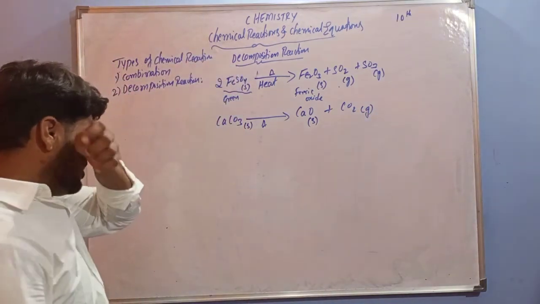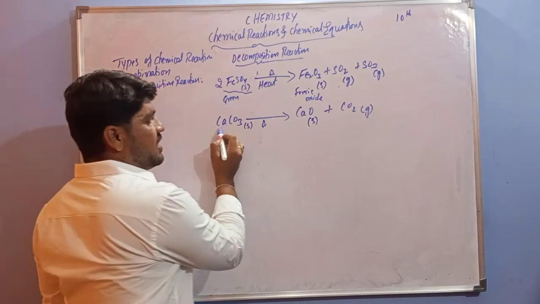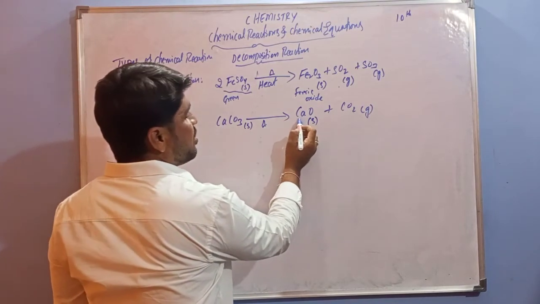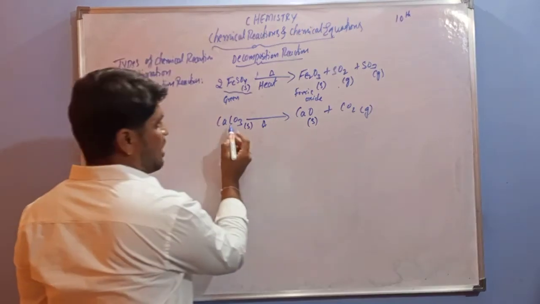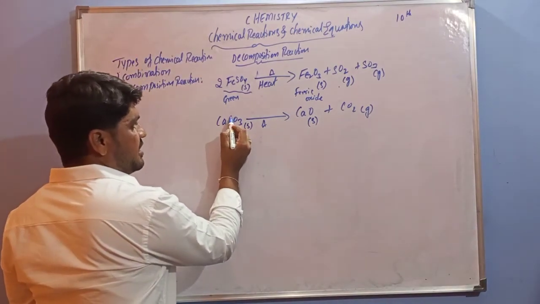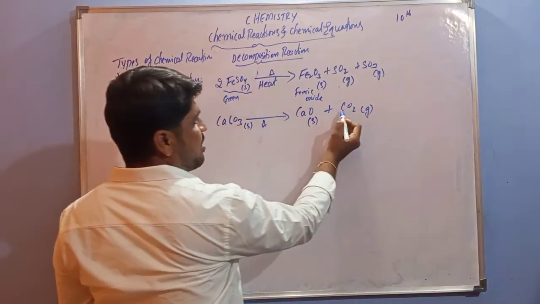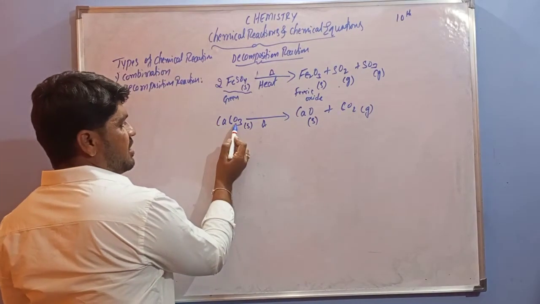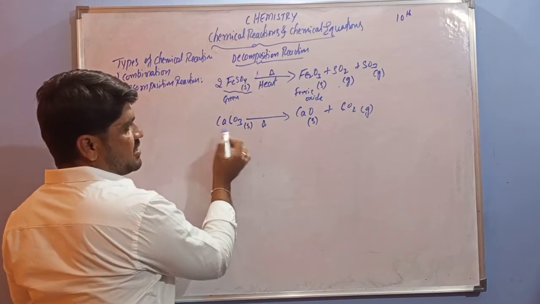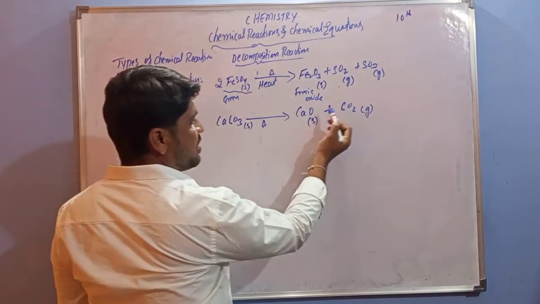Check once whether it is balanced or not. Here one Ca calcium atom, and here also one Ca atom. Next carbon: on the reactant side we have one carbon atom, and on the product side also one carbon atom. Next oxygen atoms: three oxygen atoms on the reactant side, and here 2 plus 1 is 3 on the product side.